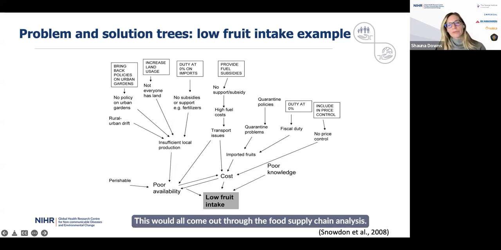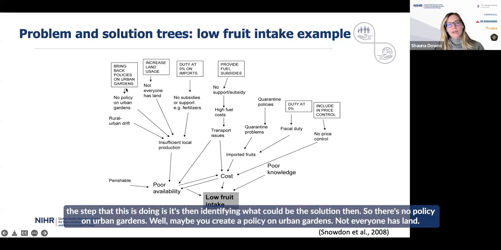This would all come out through the food supply chain analysis. Through that analysis you're already mapping out what the problems are and how each step is influencing them. What this step does is identify what the solution could then be. There's no policy on urban gardens? Well, maybe you create a policy on urban gardens. Not everyone has land?